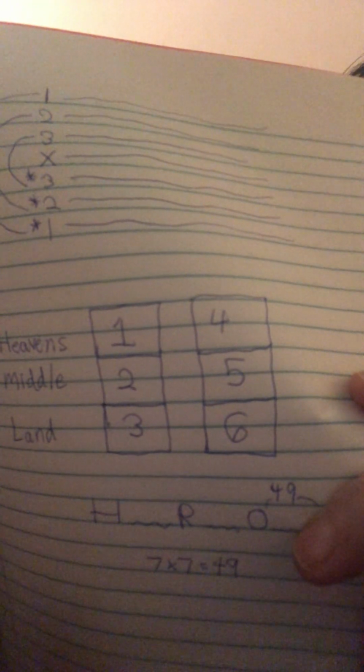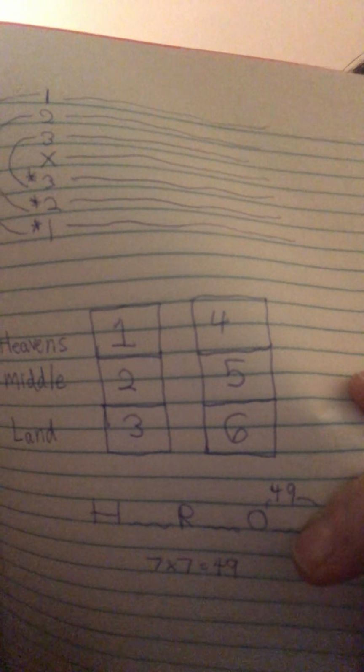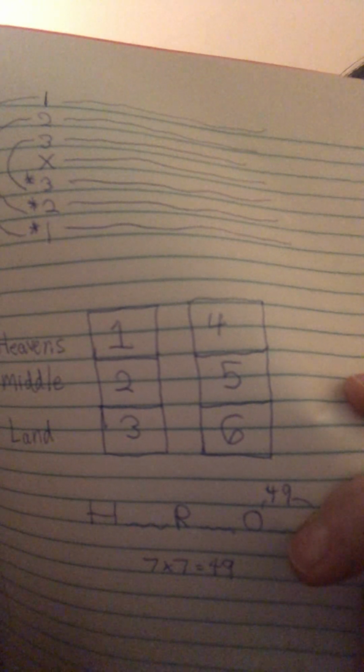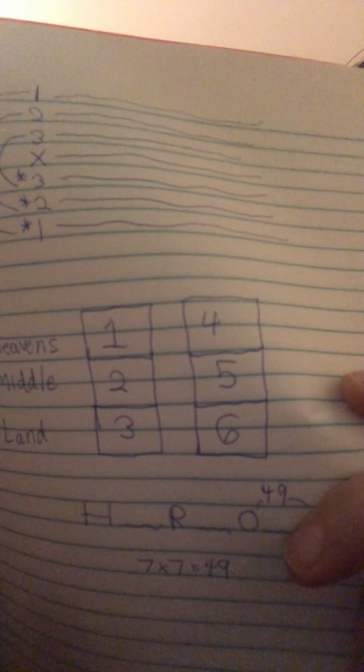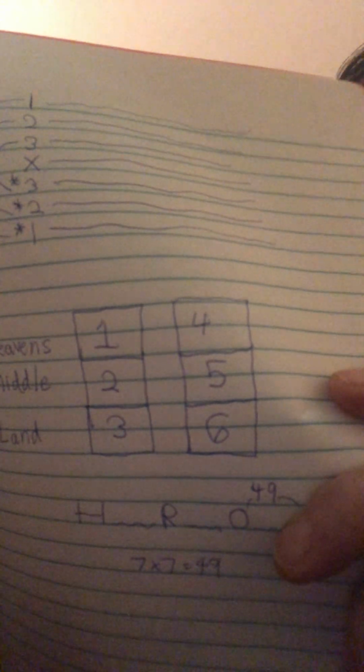So it's a special kind of creature that is an intermediary between the heavens and the land. I mean, living in an intermediary zone between the heavens and the land.